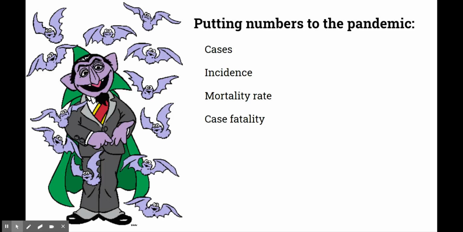So there are a lot of different ways that epidemiologists can count and measure the amount of disease. And I'm not going to go through all of them. I'm just going to touch on a few that are widely used to track the COVID-19 pandemic.